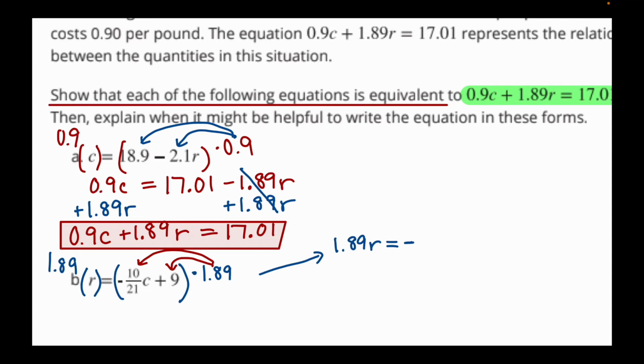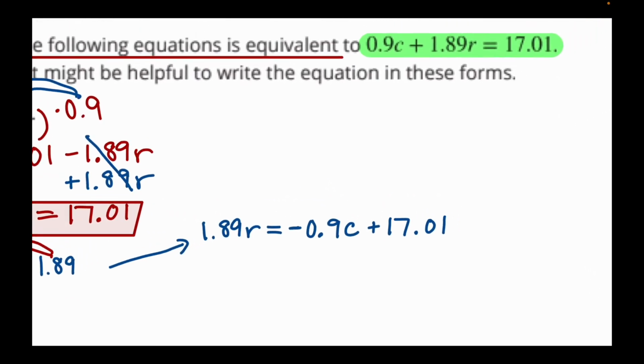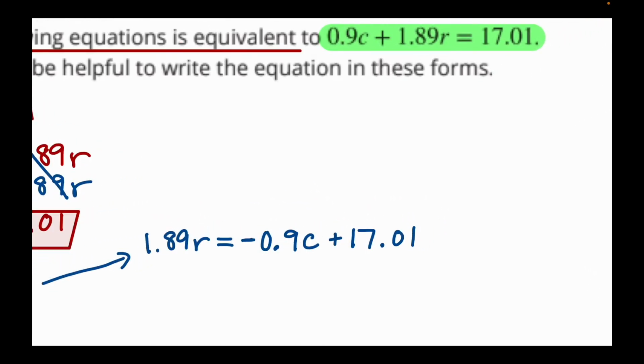So this gives me negative 0.9, and it still has the c attached to it, so I have to write c. Then I am going to do 1.89 and multiply that by the whole number 9, and that gives me 17.01. Starting to see all my familiar numbers here now: 0.9, 1.89, and 17.01.